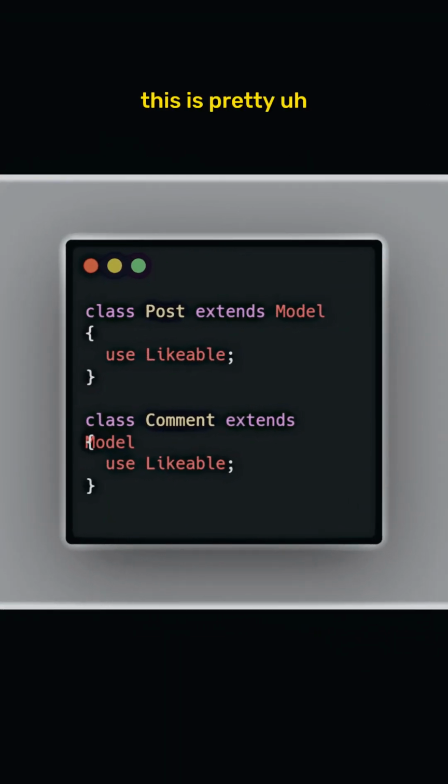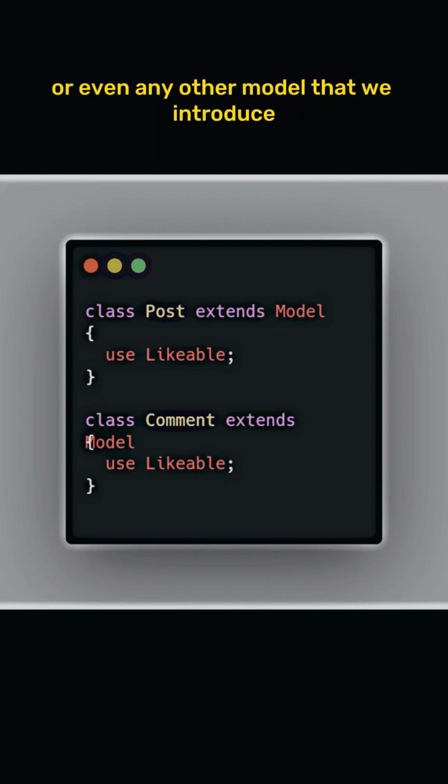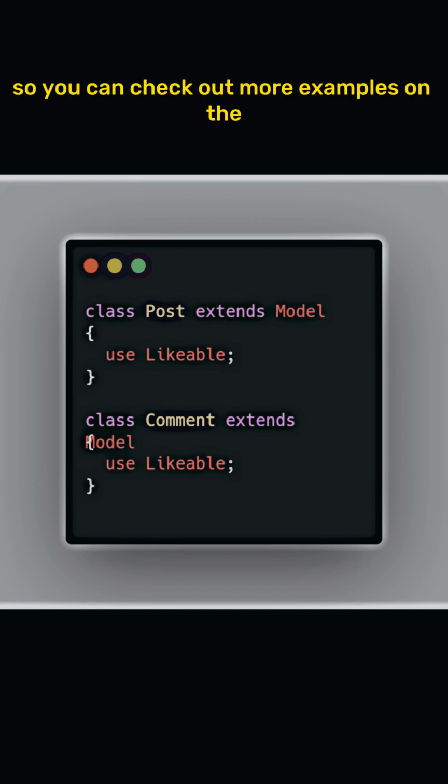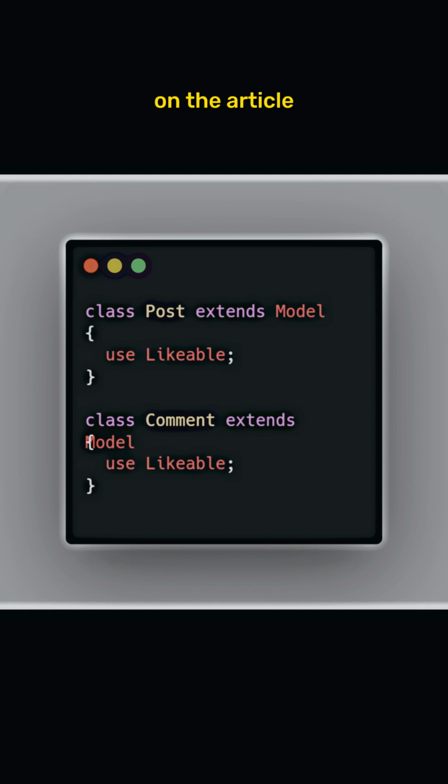This is a pretty simple example where we implement a generic trait, and it can be used in any model where we want to extend. For example, we can extend it in posts, comments, or any other model that we introduce, like charts. You can check out more examples in the article.